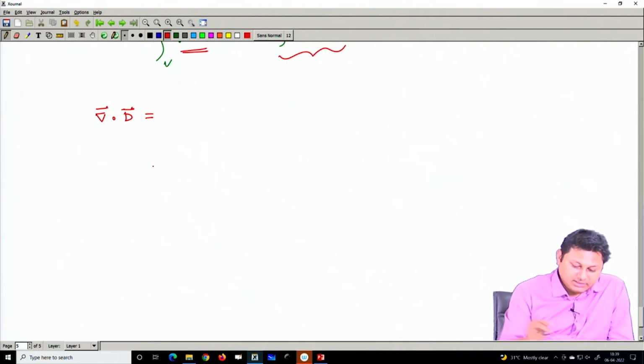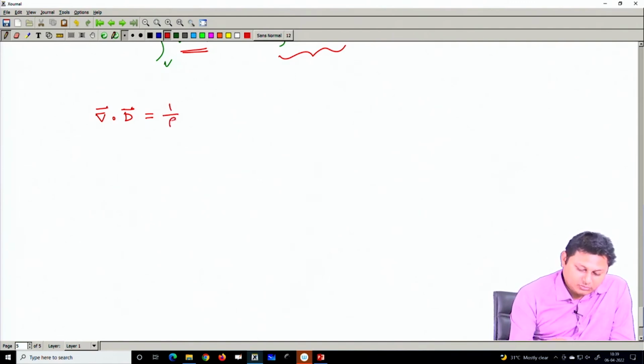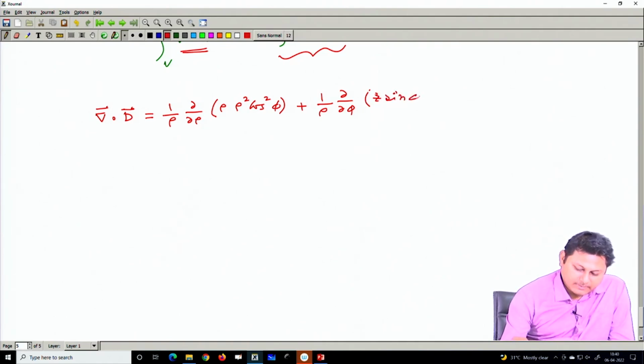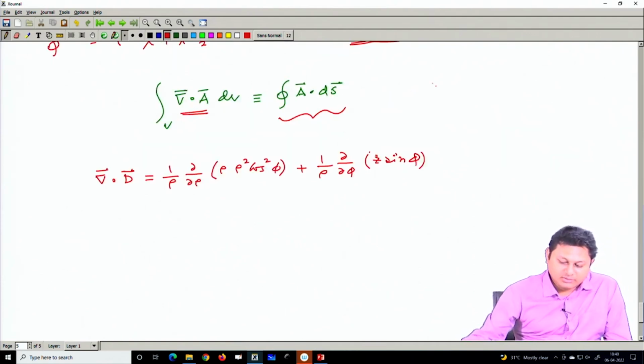So, that quantity is 1 over rho del rho of rho square cos square phi, that is the first component, plus 1 by rho del phi of z sin phi, and the phi component is not there.